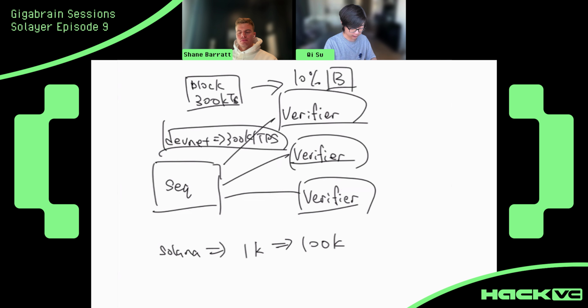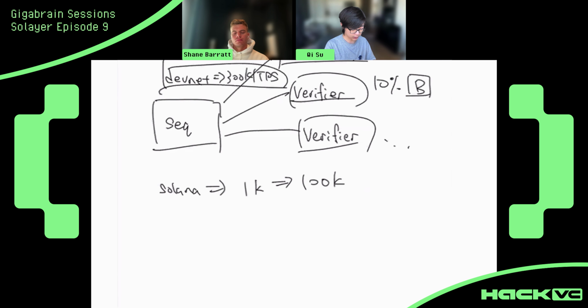Another verifier will verify the other 10% of the block, and so on. In this way, we can verify that our block is correct and safe. And that's how our consensus works.